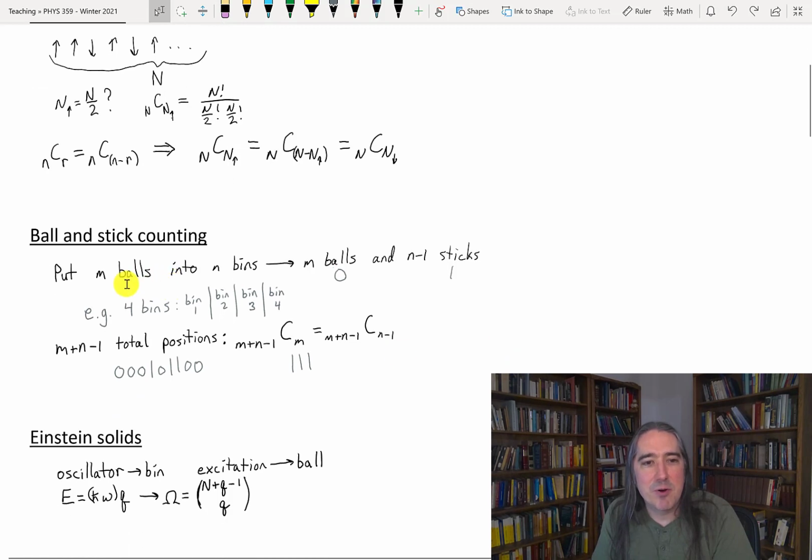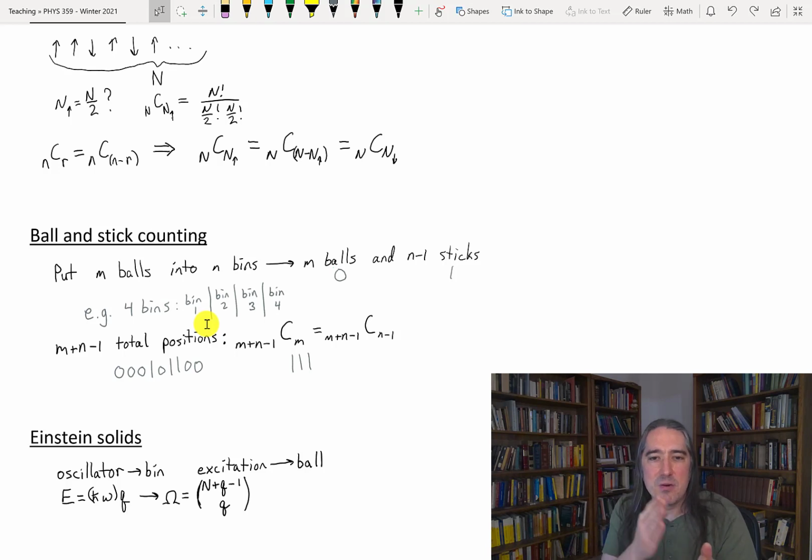So I've got m balls, and I want to put them into n bins. This is something we transform into a problem of ordering m balls and n minus 1 sticks. That's why I've called this ball and stick counting. The problem I have in mind is counting how many ways I can fill bins, but we transform this into how many ways I can lay down balls and sticks in a row.